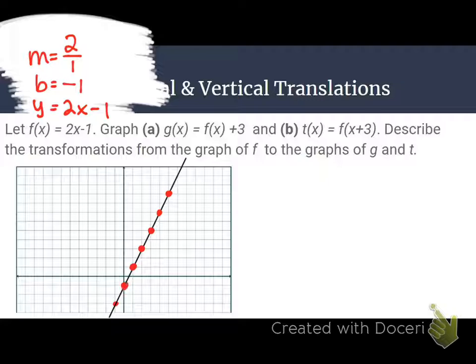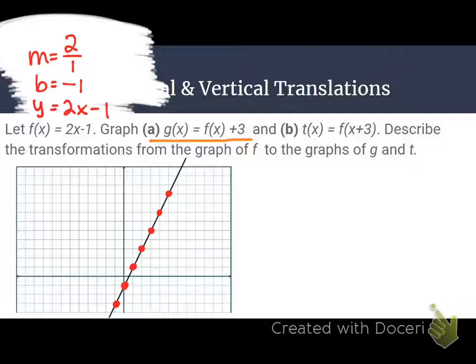Okay, so now let's look at the shifts that they want us to do, if that's my parent function. For g of x, part A, now we're looking at g of x equals f of x plus 3. Are we adding or subtracting inside or outside of the parentheses? Outside. So will my shift be vertical or horizontal? Vertical.